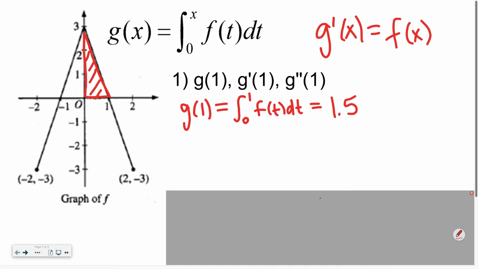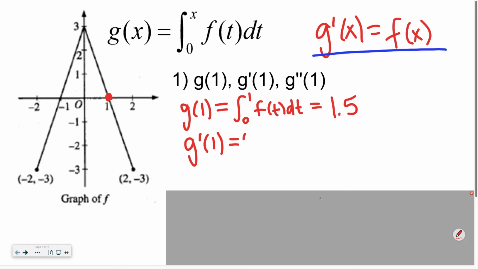Now what about G prime? G prime of 1. Well, remember, we just talked about how G prime is F. This is our derivative. So, Trenton, what is G prime of 1? 0. Yes.